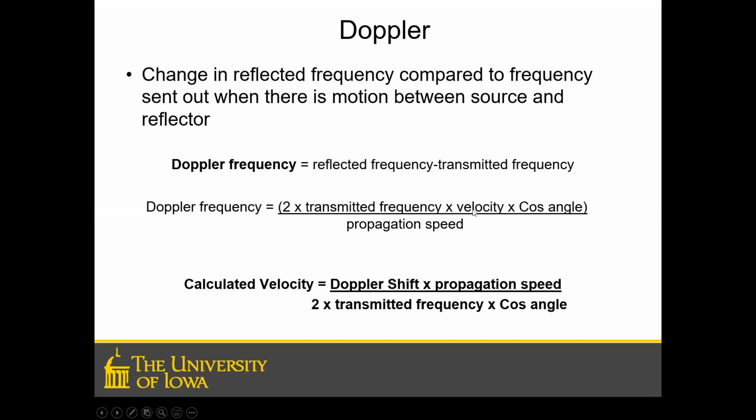So if we manipulate this equation to here, we go, okay, here's the Doppler shift that the instrument detected. It knows propagation speed. It knows the frequency that was transmitted. And the instrument assumes that we're at 0 degrees, and the cosine of 0 degrees is 1, so it has no effect on this. So the calculated velocity comes from the Doppler shift and an assumed 0 degree angle.